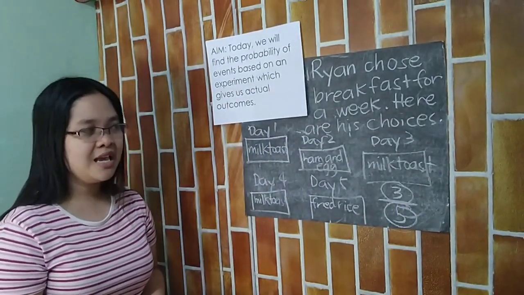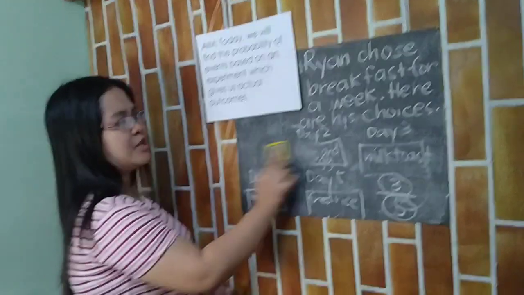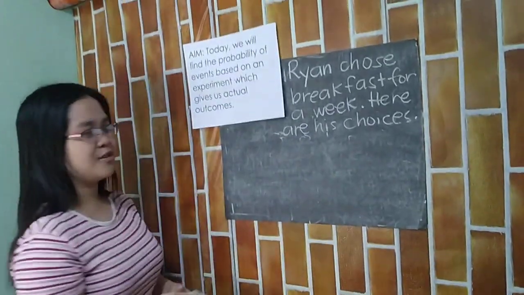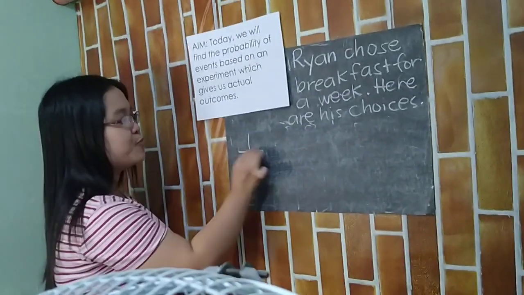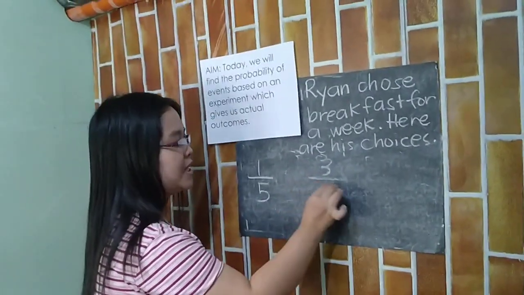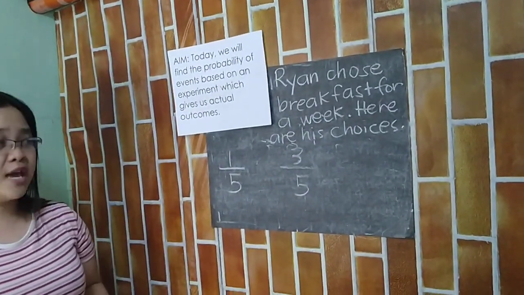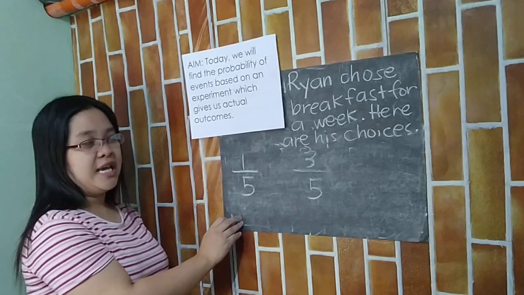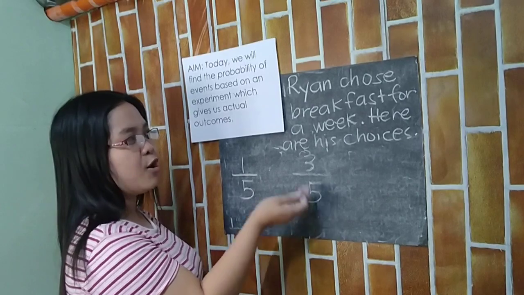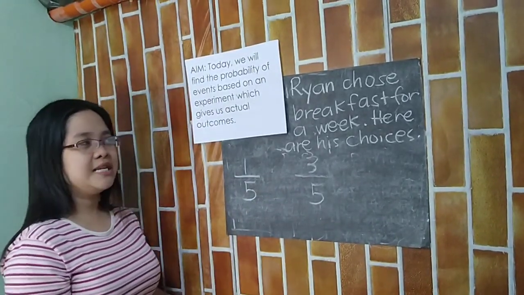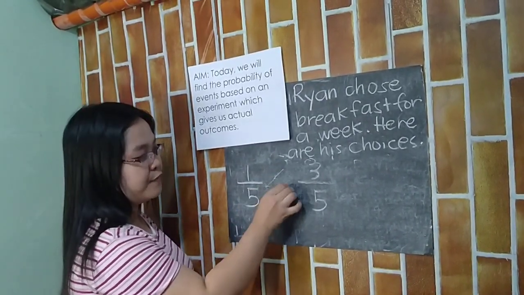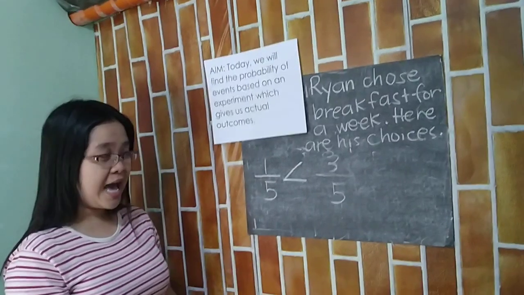So it's 3/5. Let's go back to the theoretical probability a while ago involving Ryan's choice of breakfast. The theoretical probability is 1/5 and the experimental probability of picking a milk toast is 3/5. So which is greater? 3/5 is greater than 1/5.